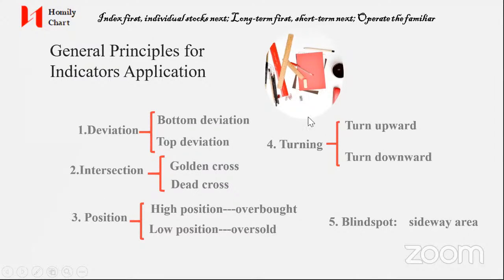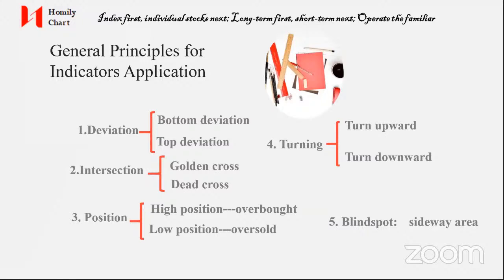And the other principle, the fourth one, is turning. We have a turn upward, turn downward. For example, Bollinger Band, right? So BOLL. In Bollinger Band, we always check, let's say, the upper channel line turning upward and the lower channel line turning downward.